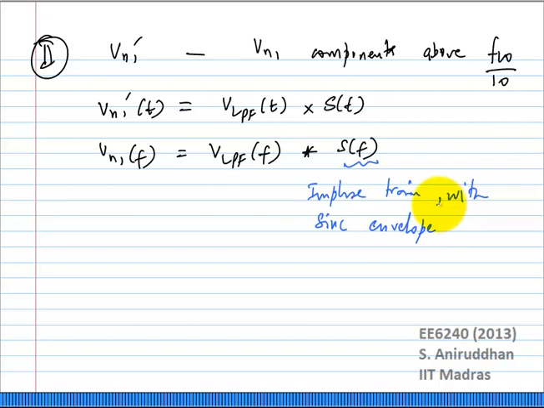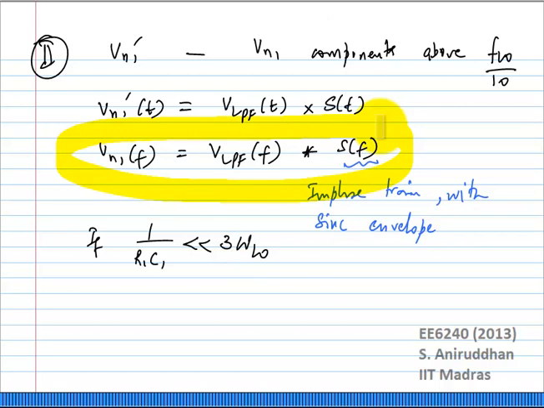We have seen this before in the previous sections. Now we are going to make an approximation that the sampling bandwidth 1 over R1C1 is much smaller than 3 omega LO. This is to make our calculation easier, because in this convolution we would otherwise have to consider as many components as possible. To make matters easy, we are just going to consider the first and third component.